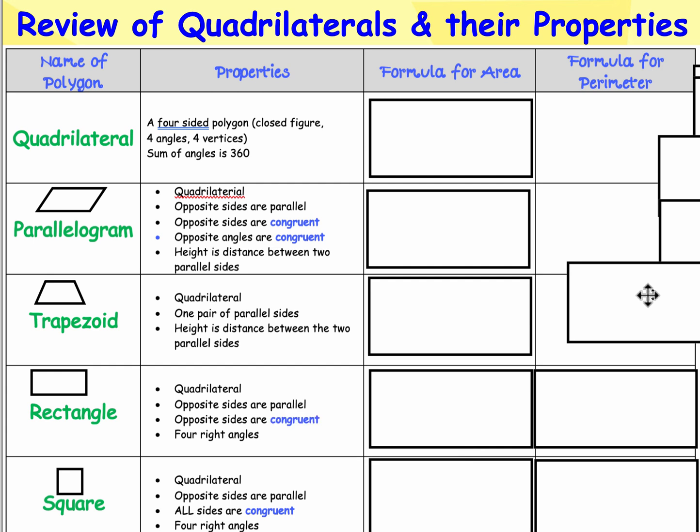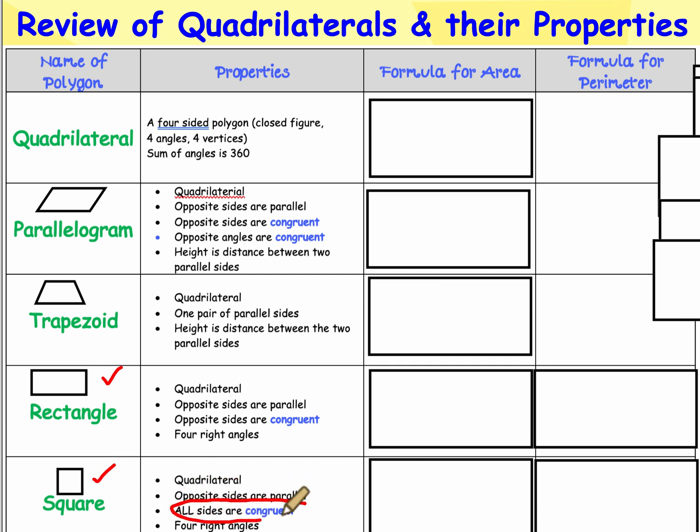And then we have a square. The difference between a square versus a rectangle is that it has all the sides congruent. So every single one of those sides in a square is exactly the same measure, in addition to it having four angles that are all 90 degrees and opposite sides being parallel.